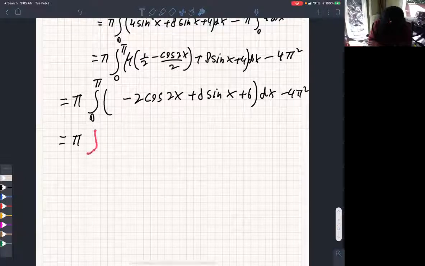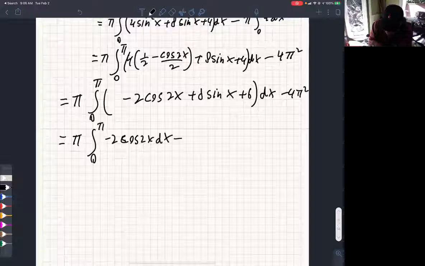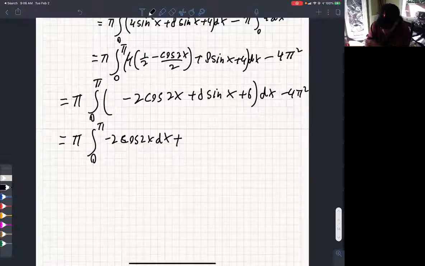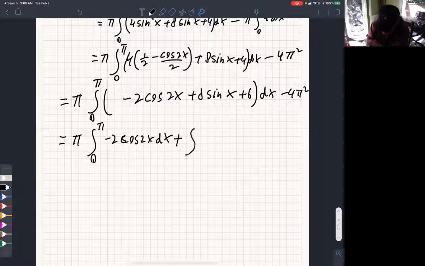Let me break this up into different parts. Minus 2 cosine 2x dx plus, and then all of this I'm going to do as a separate integral.